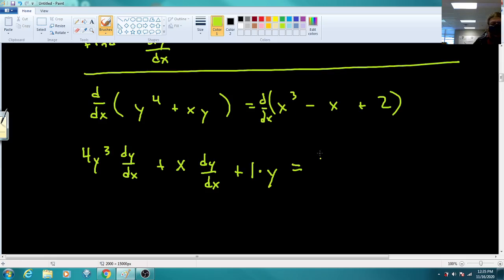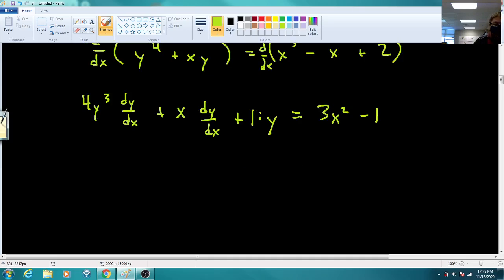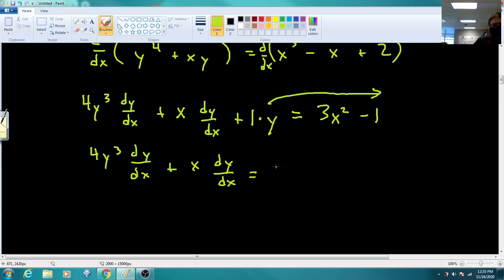That equals d dx of x cubed, which is 3x squared, d dx of negative x is negative 1, and d dx of 2 is nothing. This 1 times y has no dy dx attached to it, so I subtract it across. I'm gathering all my terms that have dy dx on one side, and everything without a dy dx goes to the other side.